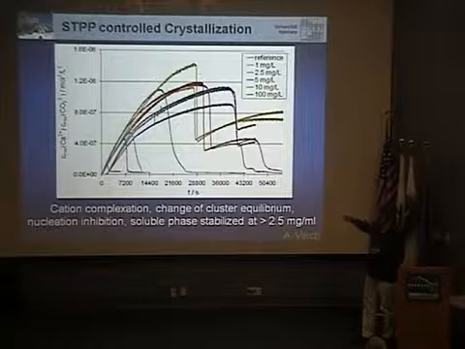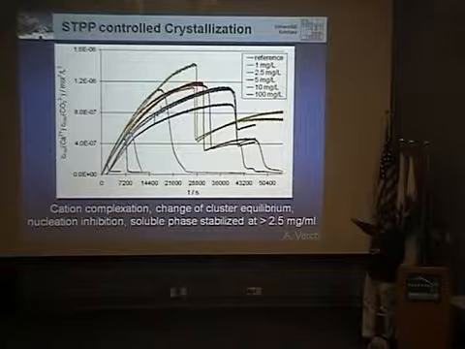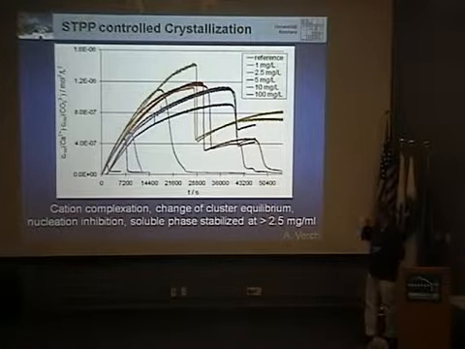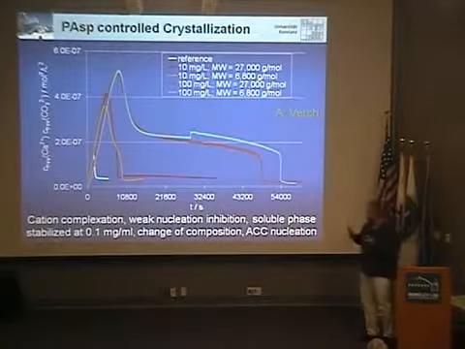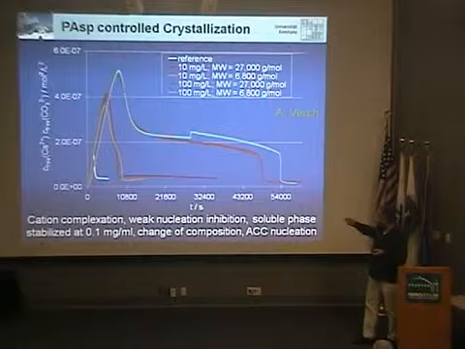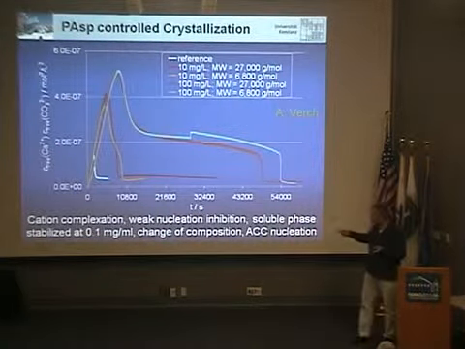And then you form a first phase, which is much more soluble than the amorphous calcium carbonate formed in the reference case. Then you get a second nucleation event, and the solubility drops to that of amorphous calcium carbonate. But you form something in between which is much more soluble. And this is a liquid precursor, as I will show you later on. The same happens if I look at polyaspartic acid, which is known to form these precursors.